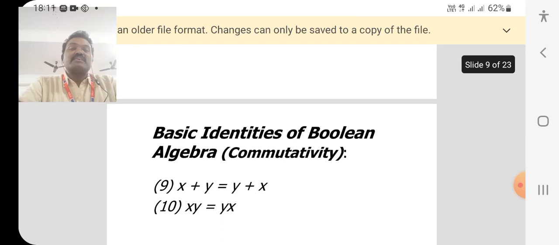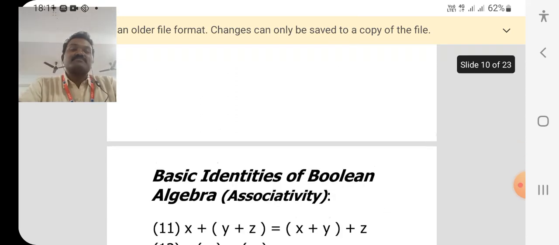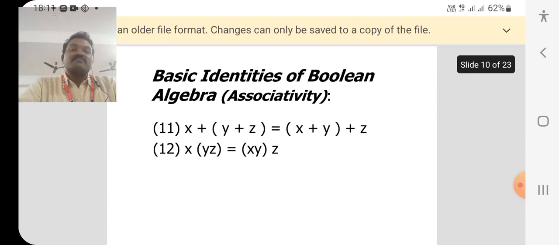Then next one, the commutative law. The commutative law is x plus y is equal to y plus x. Then another law, xy is equal to yx. So this is the commutative law. Then next one, the associative law.